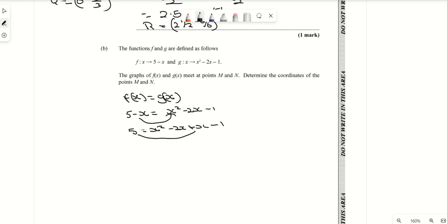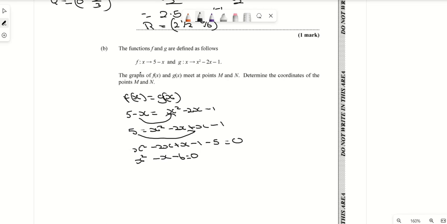Now carry across 5. So it's x squared minus 2x plus x minus 1 minus 5 is equal to 0, since we have nothing on the other side. So I have x squared minus x minus 6 is equal to 0, because 2x plus x is minus x.